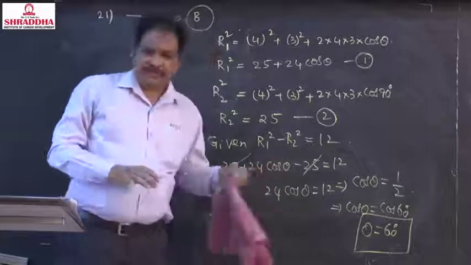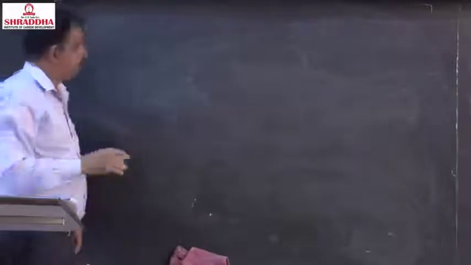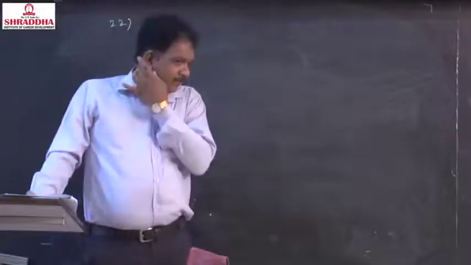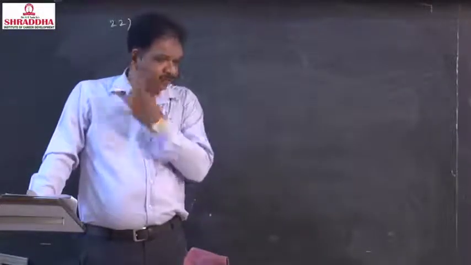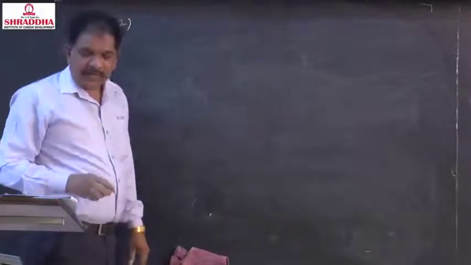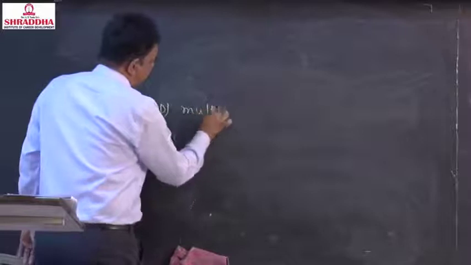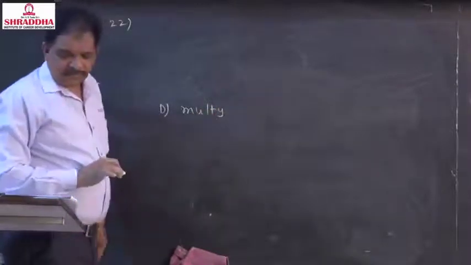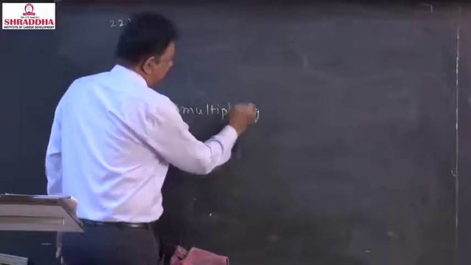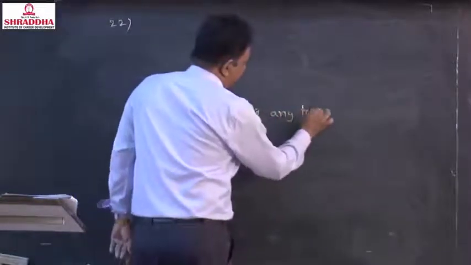Next question, 22, you see. Okay. 22, there is a typing mistake. Fourth option, you modify in 22. Remove that fourth option, and write: multiplying any two vectors.